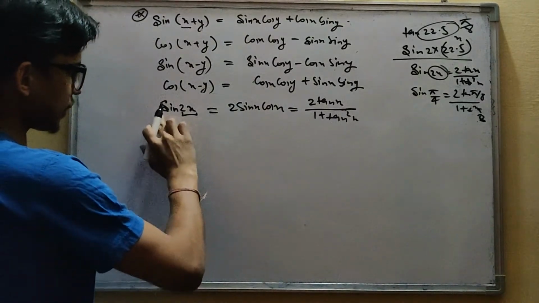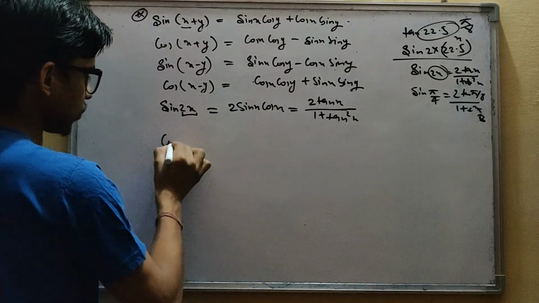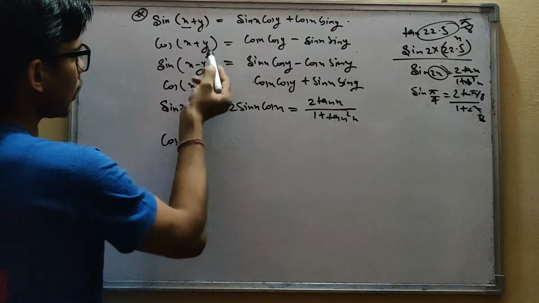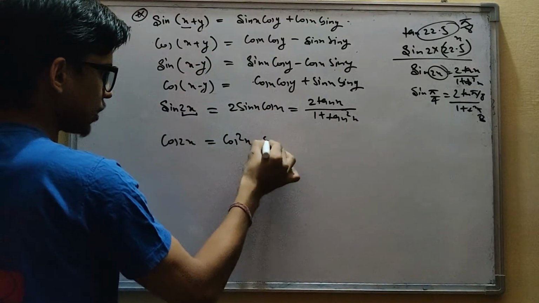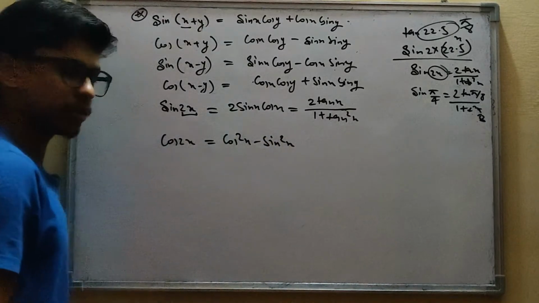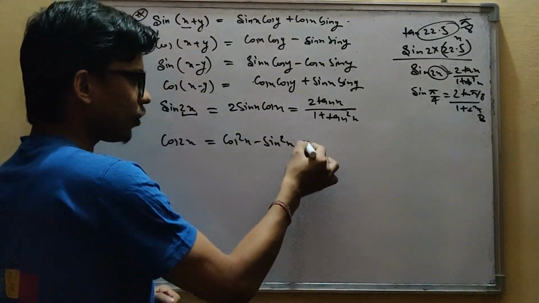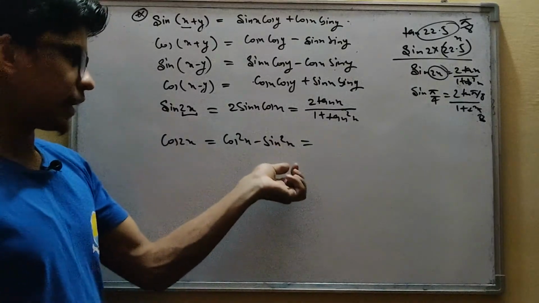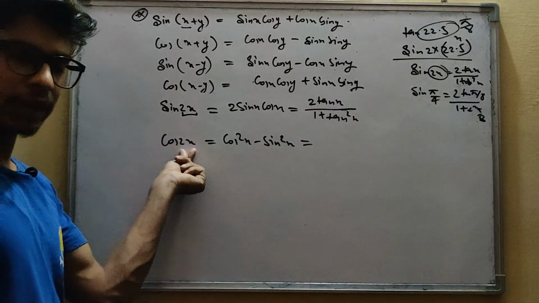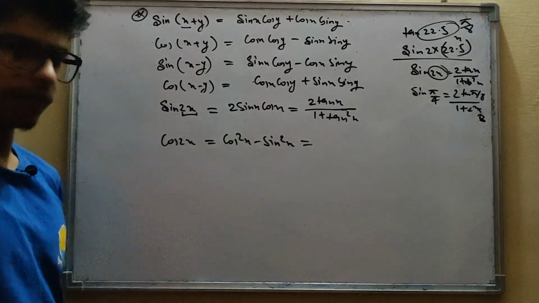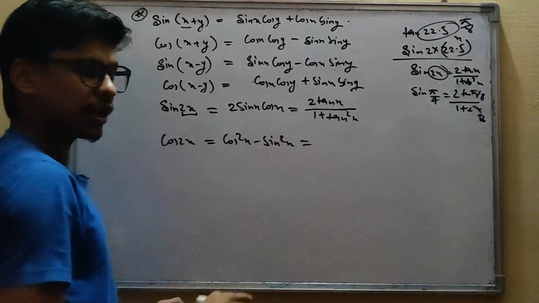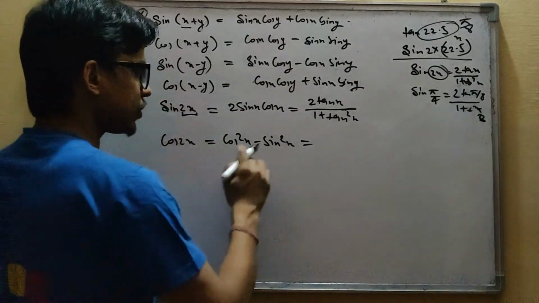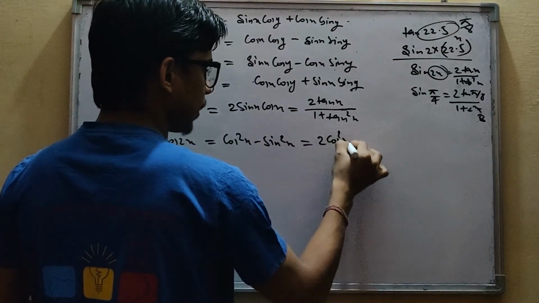Now the same thing will apply for cos 2x also. If I substitute y as x, I am going to get cos square x minus sin square x as the formula. So this is one formula. Now there are cos and sin, and the only thing is whatever angle is here, it has been halved, right? So this can be written as, if I substitute sin square x by 1 minus cos square x, it is going to be 2 cos square x minus 1.